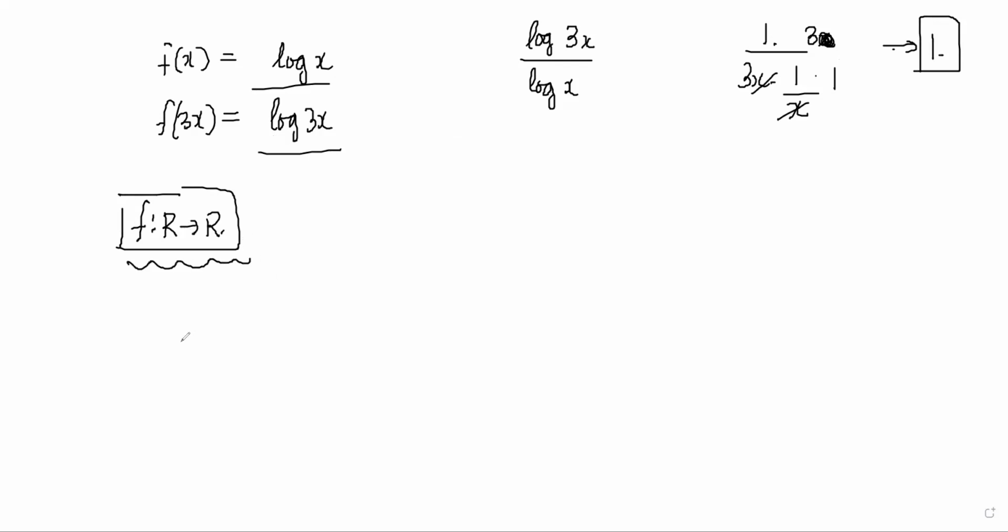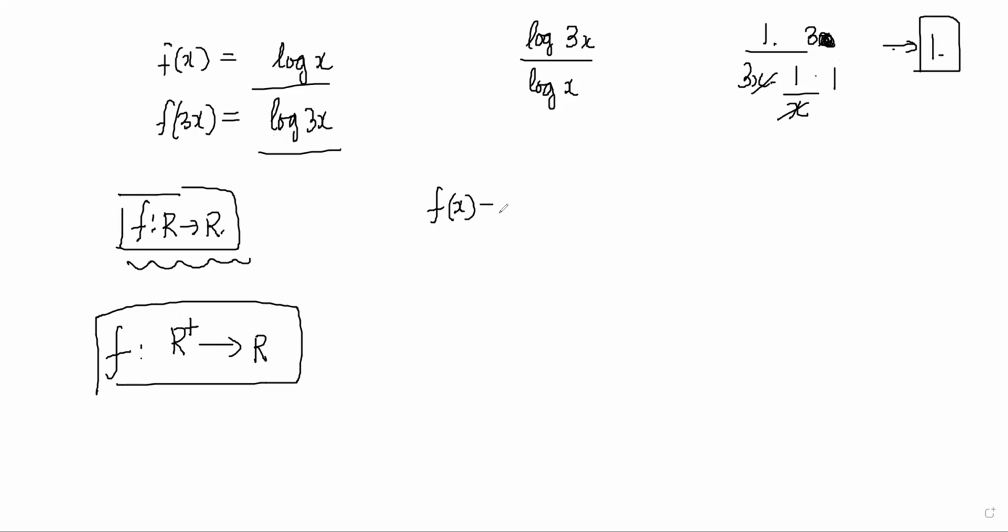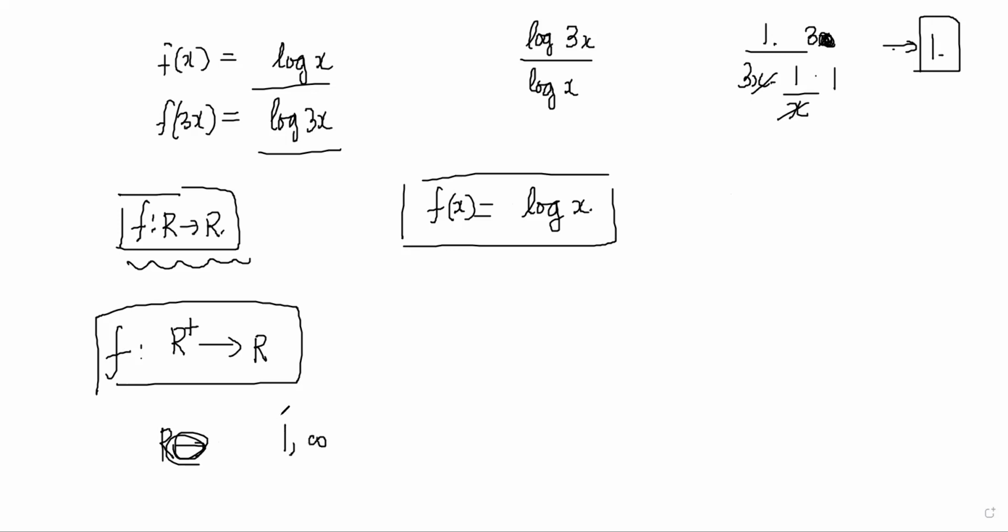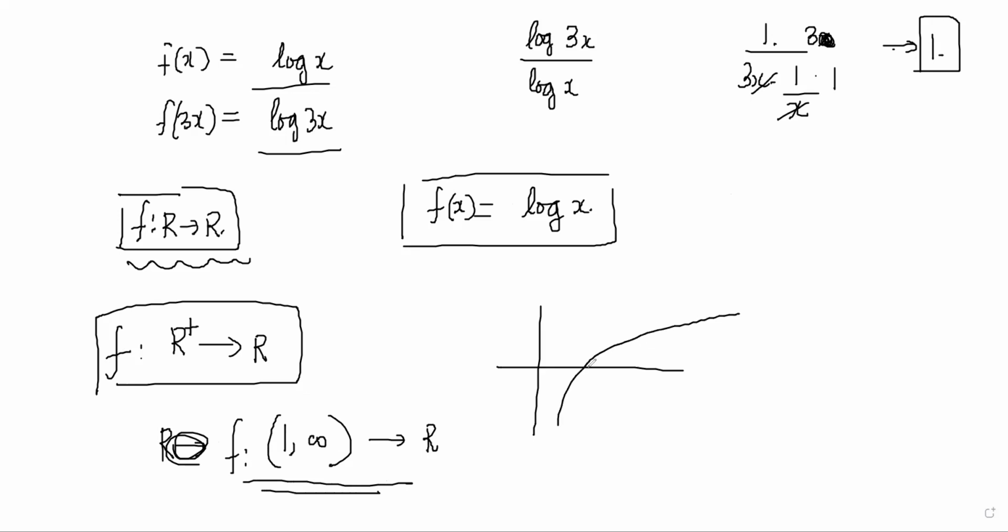You should have defined it from the log definition, on positive reals. If f of x is a simple log function, it is not always positive, so you have to define it from 1 to infinity to R. The log function is negative in some part, but if you define it from here to infinity, then it satisfies all the conditions.